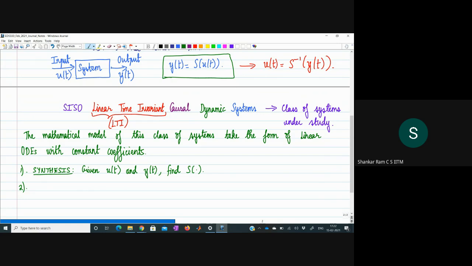Then we would have done prediction slash analysis. So what do we mean by this? We are given the system mapping S and the input u. What is y?